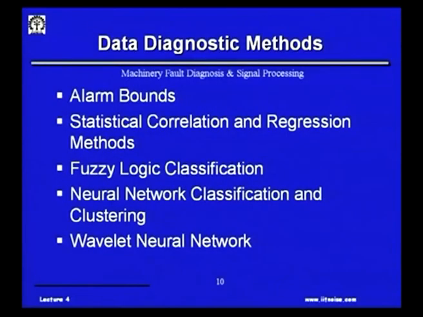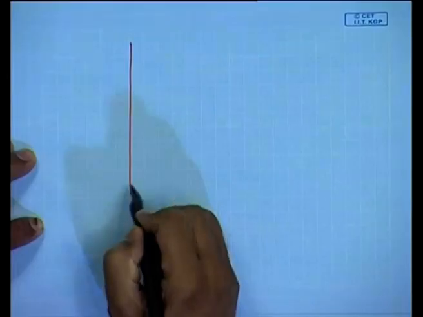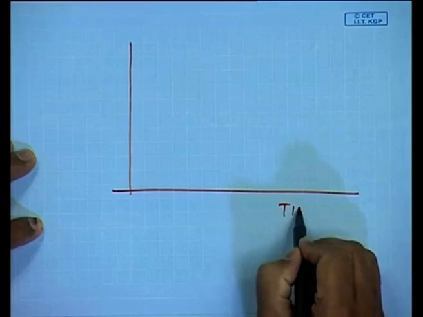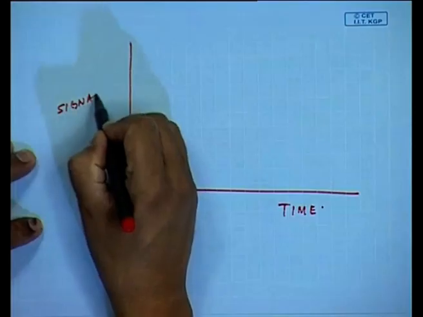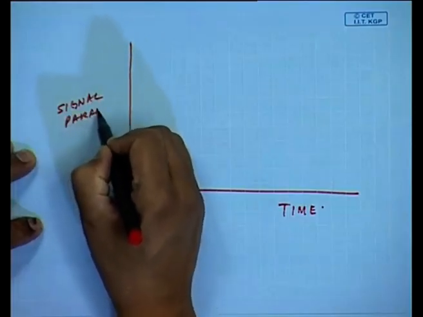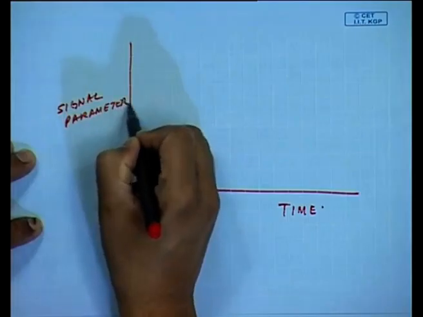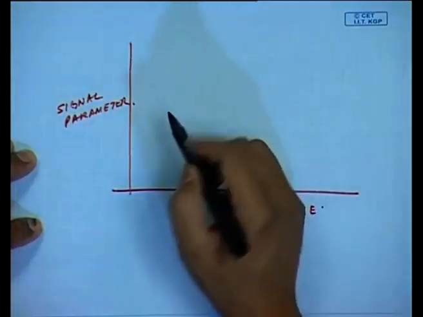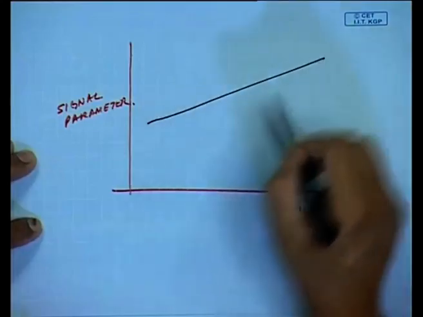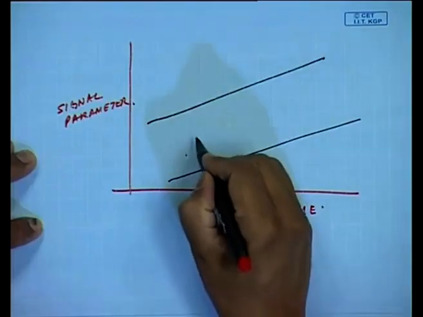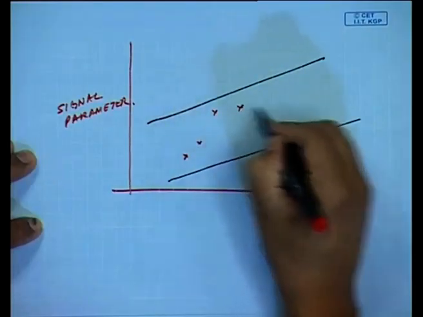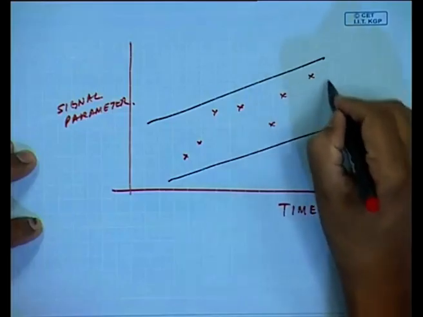And in data diagnostic methods, there are many ways by which this data can be diagnosed. One simple way is, for example, with time we have a certain signal parameter which we are monitoring. I know that with time these are my upper and lower bounds.